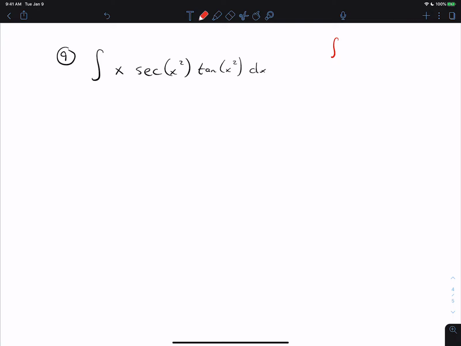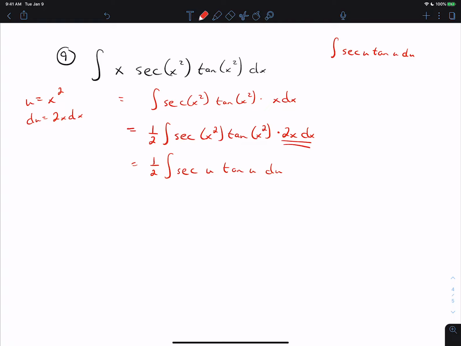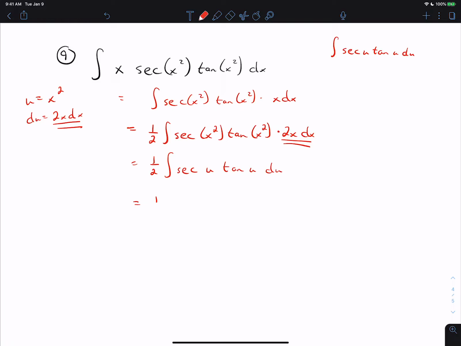That gets us 1/2 integral secant u tangent u du, because the 2x dx is the du. The antiderivative of secant u tangent u du is secant u plus c. So we get 1/2 secant u plus c, which is 1/2 secant of x squared plus c.